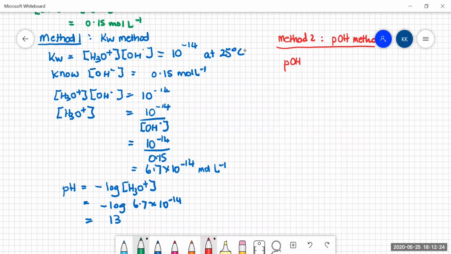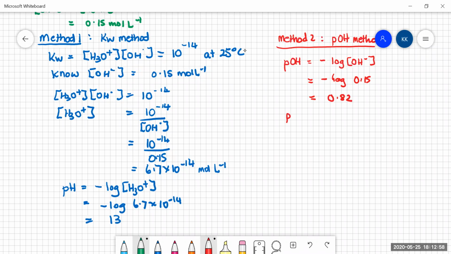If pH is minus the log of the concentration of H3O plus, pOH is minus log of the concentration of OH minus. So from this example, we find the pOH, which is minus log of 0.15, which comes to 0.82.